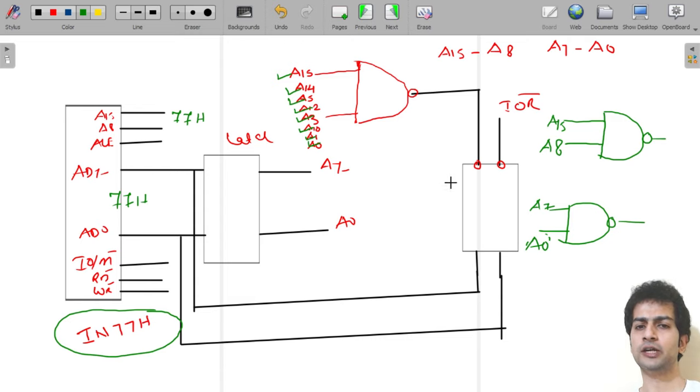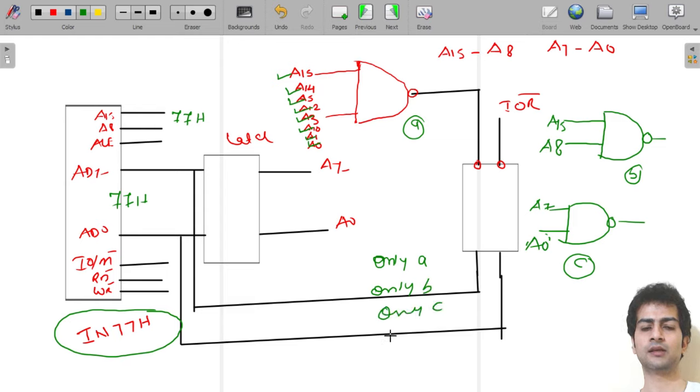Suppose these are options A, B and C, and the options given are only A, only B, only C, only AC, and ABC.